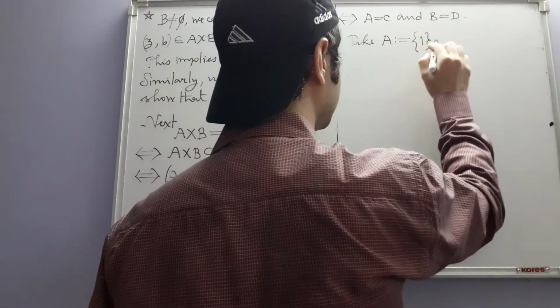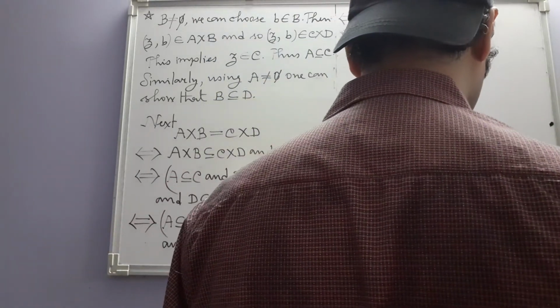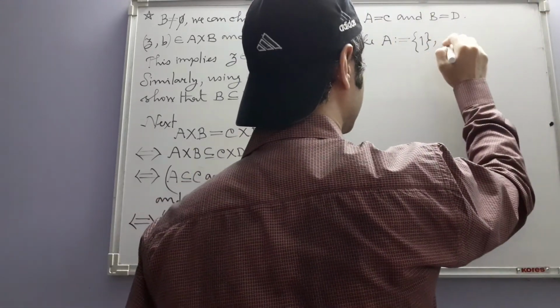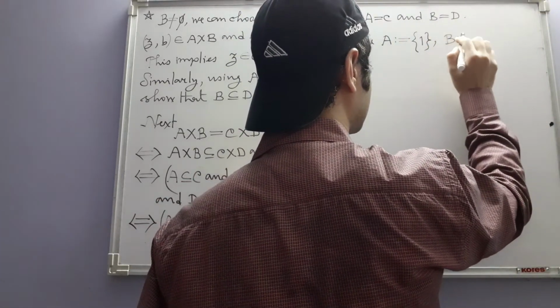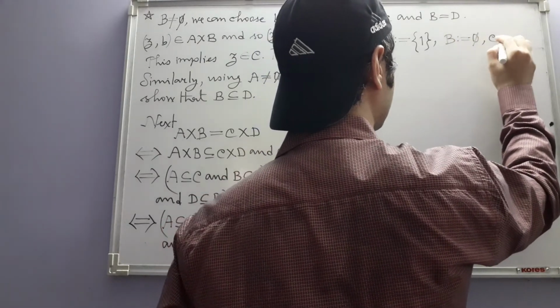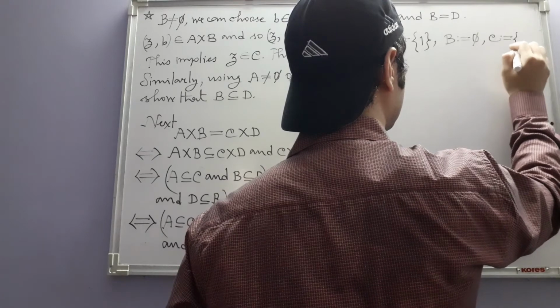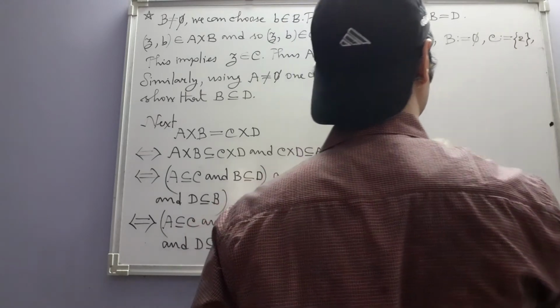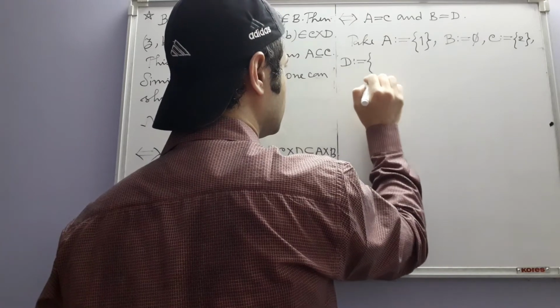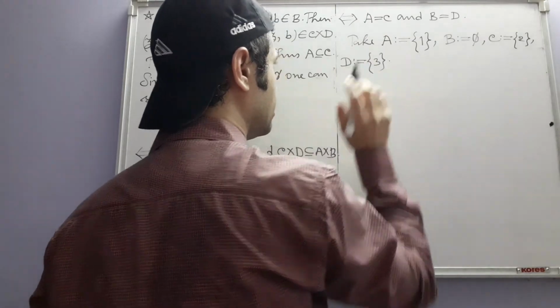Take A to be the singleton set consisting of 1, B to be empty, C is the singleton set 2, and D is a singleton with its only element 3.